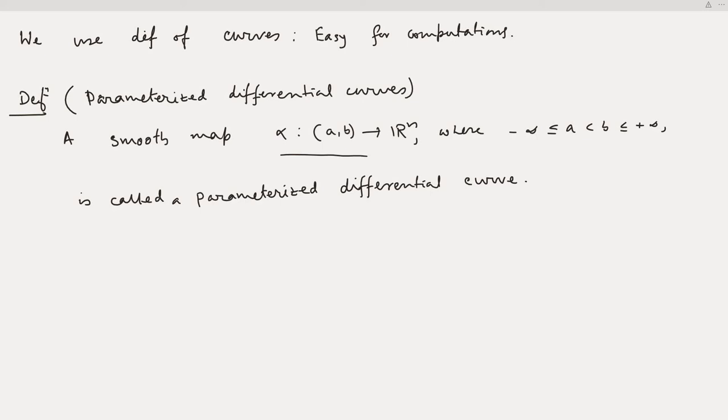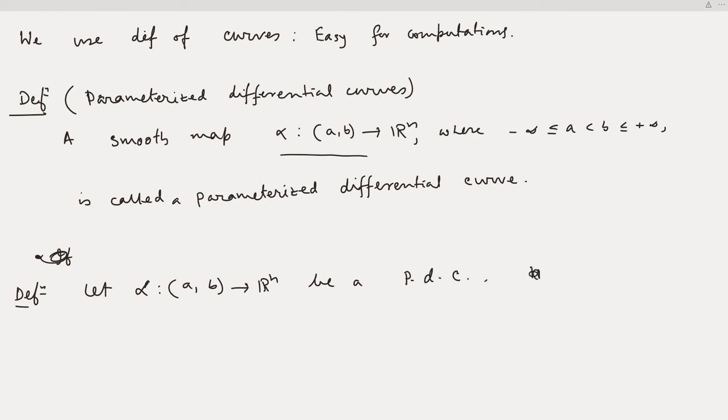So, another definition: let alpha from the open interval (a, b) to Rn be a parameterized differentiable curve.